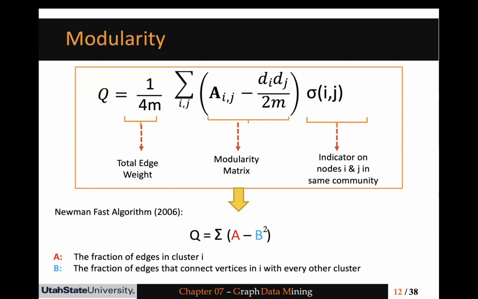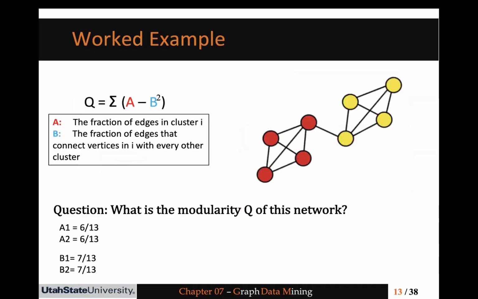I'm going to show you this with the help of two examples in the next slide. But make sure that you understand this formula, because that's what will help us understand modularity even further, and even evaluate the strength of the community detection algorithm.